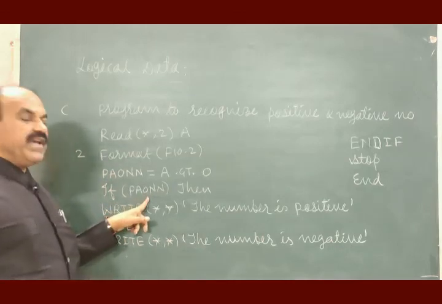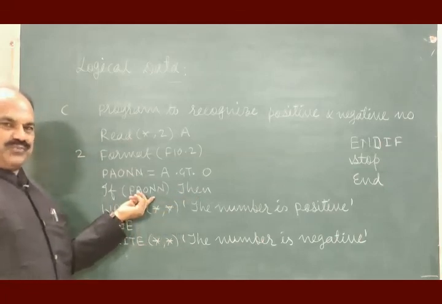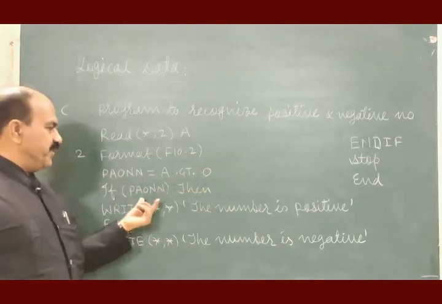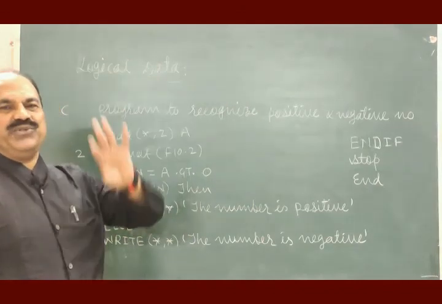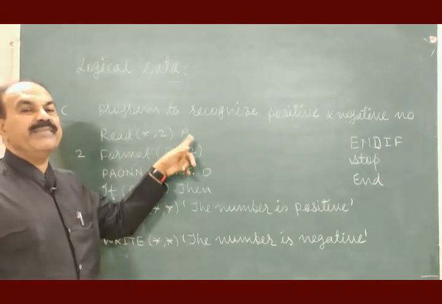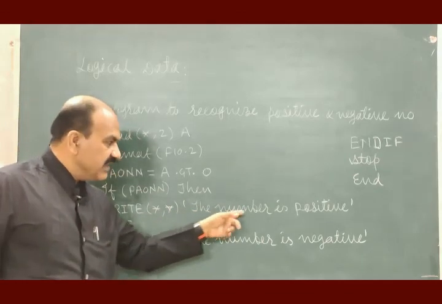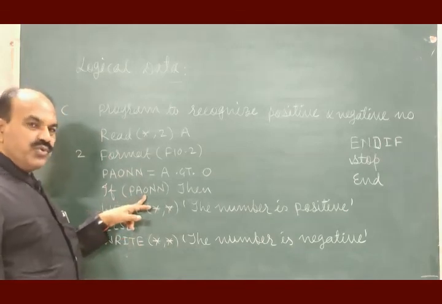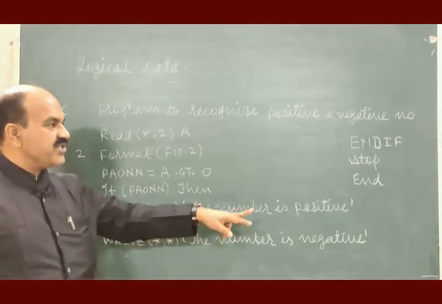If PAONN, meaning that if this is true, when actually A is greater than 0, then write, that is print, the number is positive. Whatever number you inputted, read by the program, that is number A. Otherwise, write the number is negative.